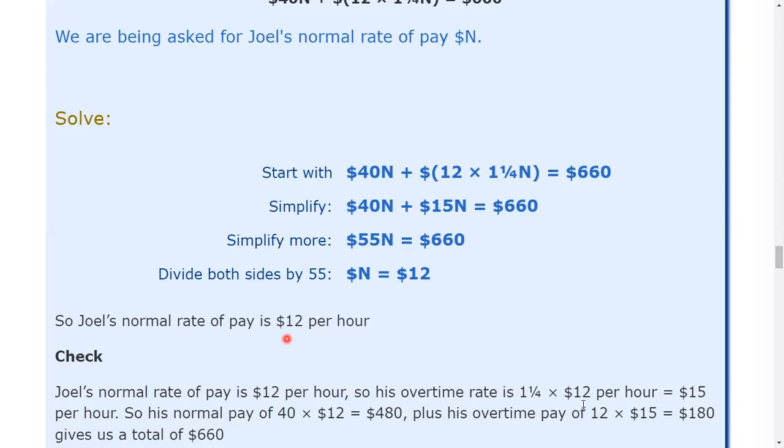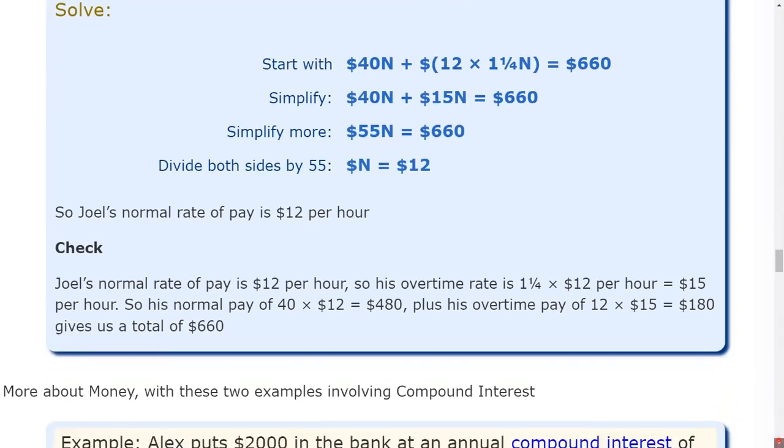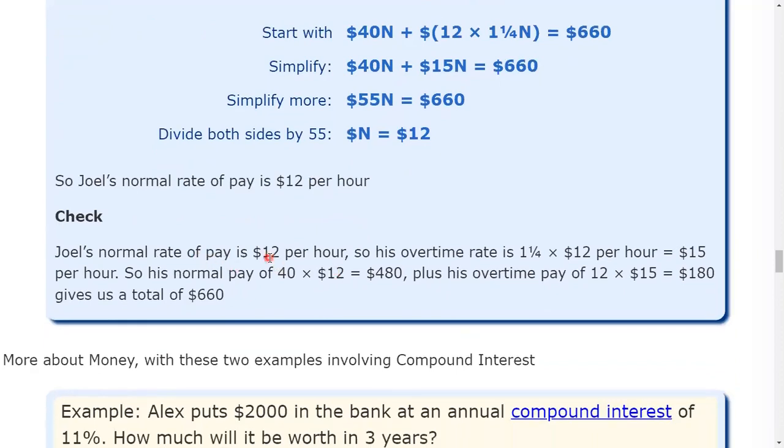So we can also check. How can we check? Look at this: Joel's normal rate of pay is $12 per hour. So his overtime rate is 1 and 1 by 4th of this normal pay, so $15 per hour.